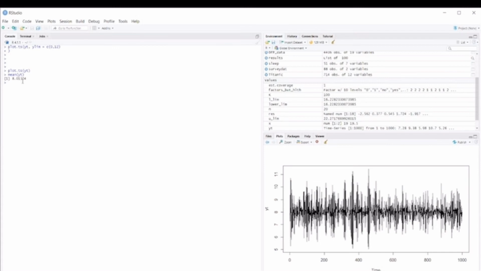The sample mean now is 8.01. They're going to be close. So what about the sample variance? I'm just going to do var of YT. Look at that. My sample variance now is 1.076687.